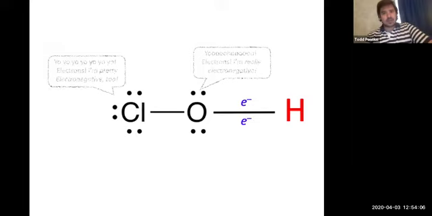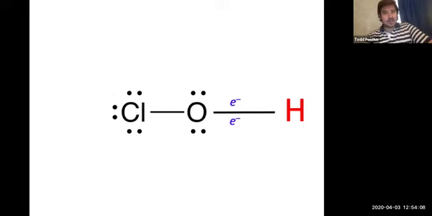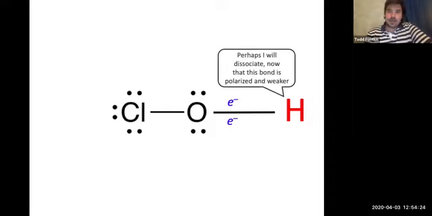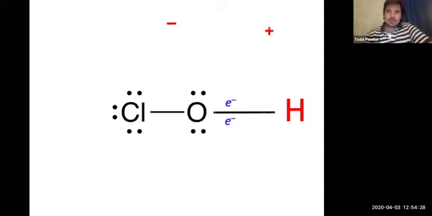So those electrons move more toward the oxygen and chlorine. Now that they're moving further away, the hydrogen's all like, well, shucks, I'm not as attracted now that the electrons are being pulled away. Perhaps I will dissociate. And so this bond is more polarized and weaker. Ooh, and it can break.